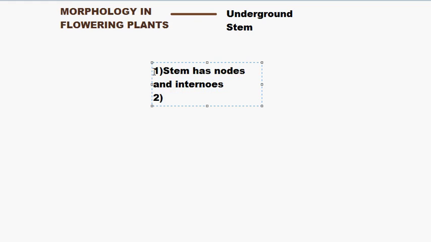So let me write: stem bears leaves and buds. Next, as we always know, the root cap is a special structure which is present at the root, but it is not present in a stem.